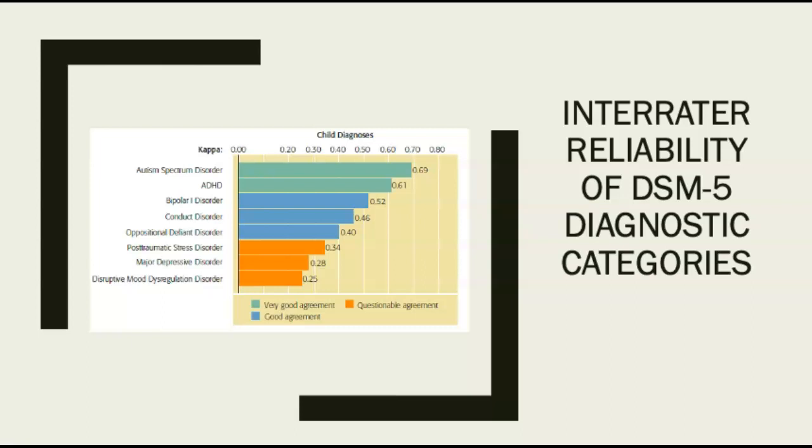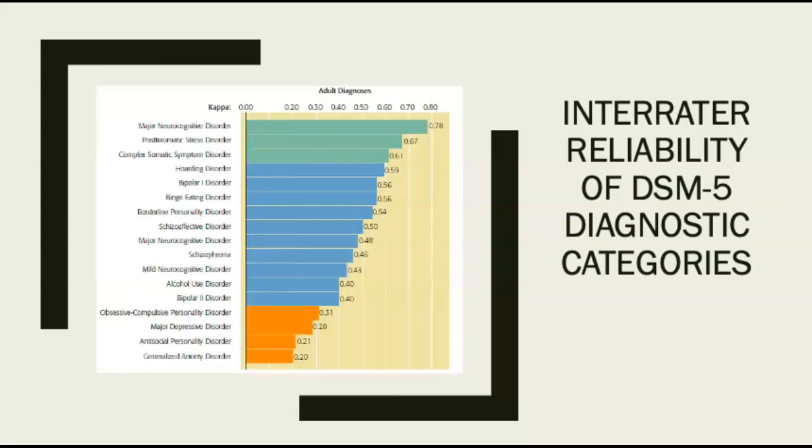You see for the adult diagnoses, the major neurocognitive disorder, post-traumatic stress disorder, and complex somatic symptom disorder have the highest inter-rater reliability, and some of the disorders with the lowest inter-rater reliability include some personality disorders and also major depressive disorder and generalized anxiety disorder.